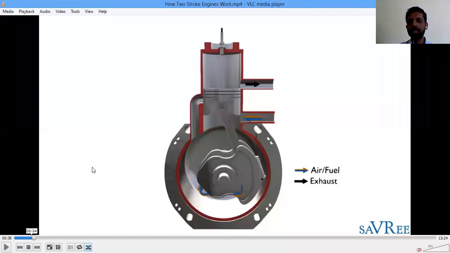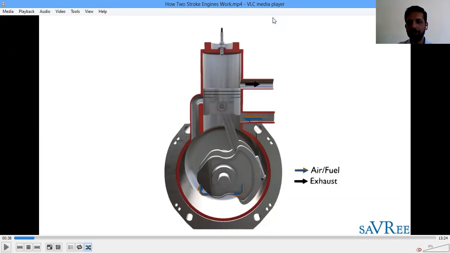The small change is that, first, there are no inlet and outlet valves present in a two-stroke engine. Instead, they are called ports because there is no separate element drawn over here.